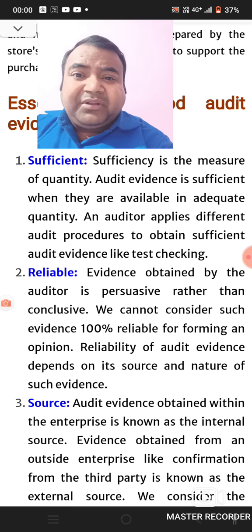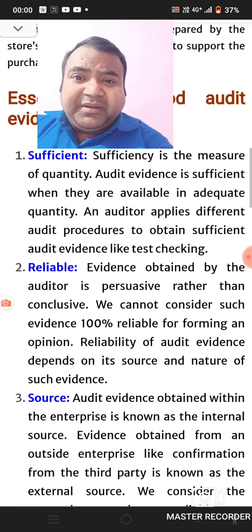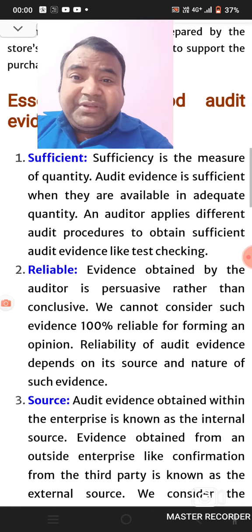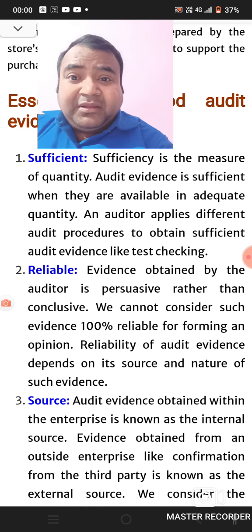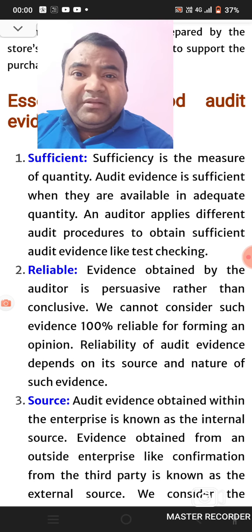For example, a particular mistake is done on one day and repeated continuously for 1 month, 3 months or 6 months. Then we have to collect all the 6 months of information, which proves that this mistake has been done continuously for 3 months or 6 months.